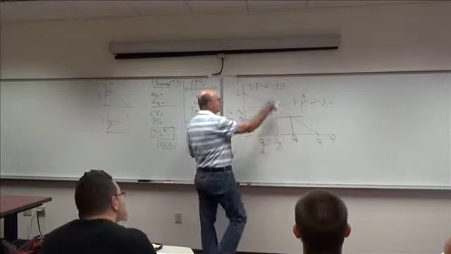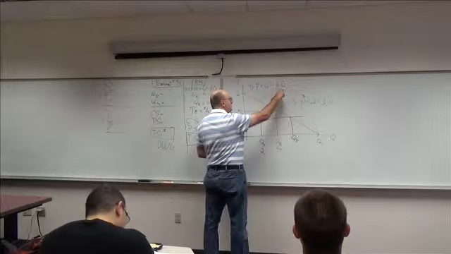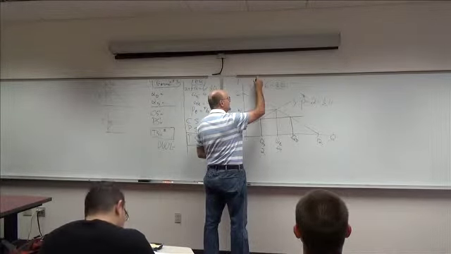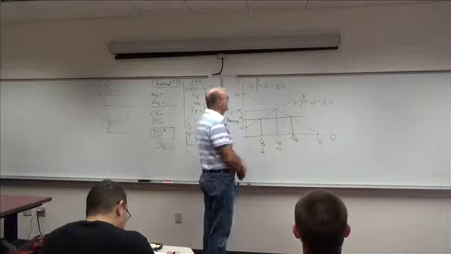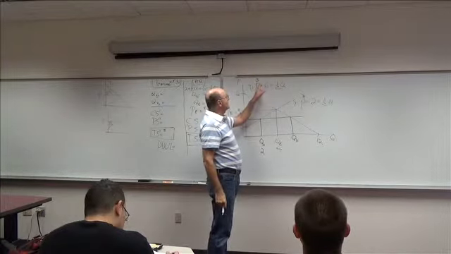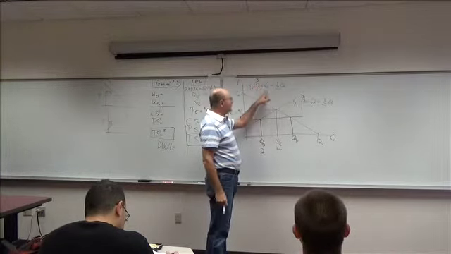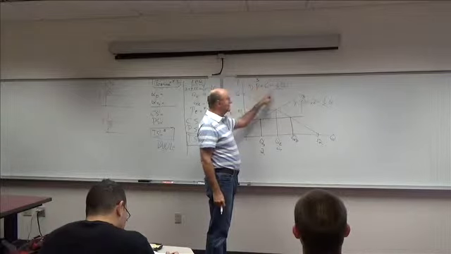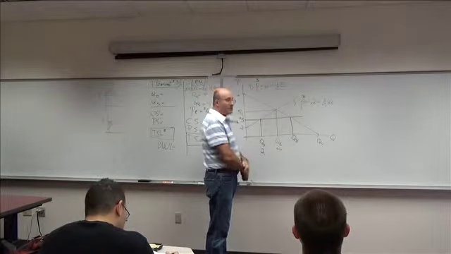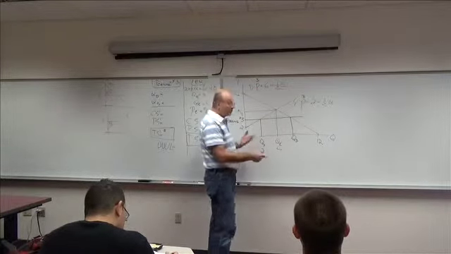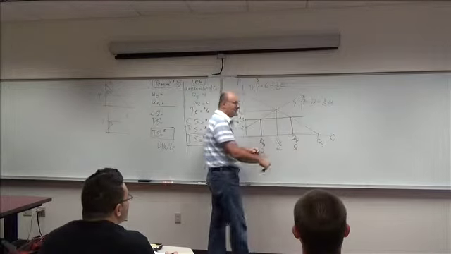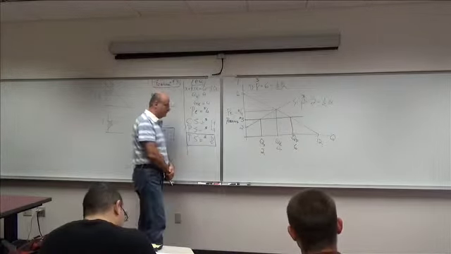How much are consumers willing and able to buy at the price ceiling of 3? 6 minus 3 is 3. So if half Q is 3, then whole Q must be 6. Very good.